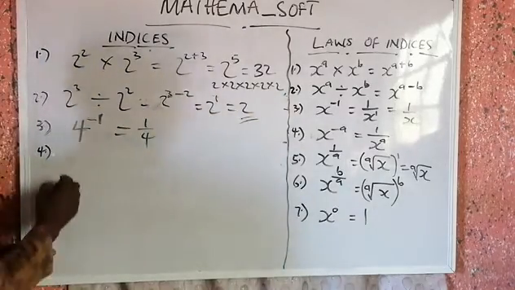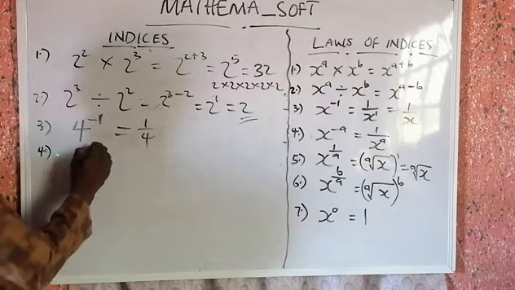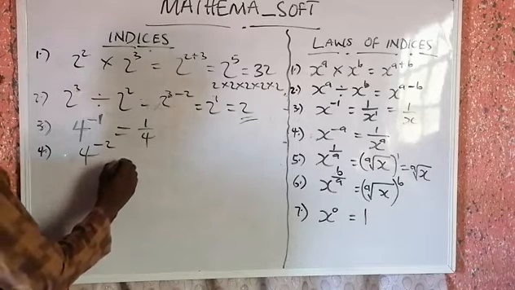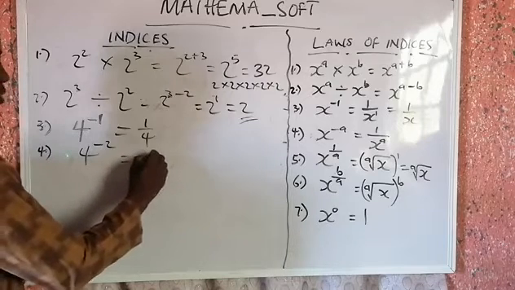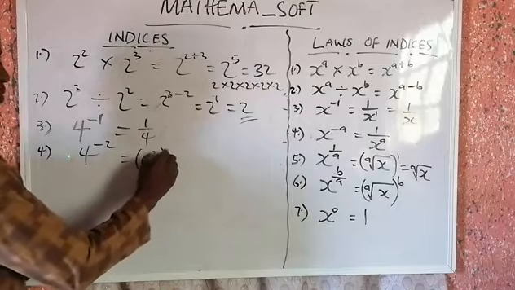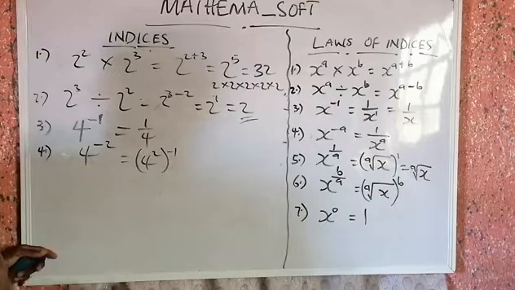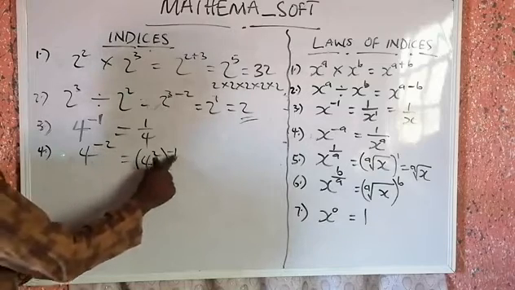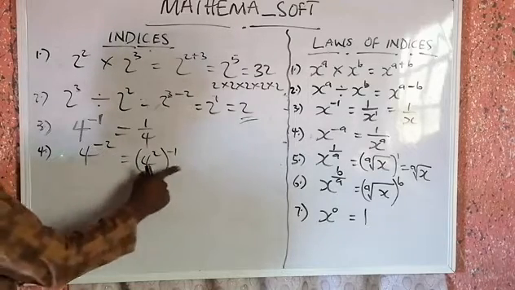And then we know that if it's actually 4 raised to the power minus 2, definitely it means that I have 4 raised to the power 2, multiplied by minus 1. So if I do 2 times minus 1, it will give me minus 2. 2 times minus 1 will give minus 2. So this one becomes like this.